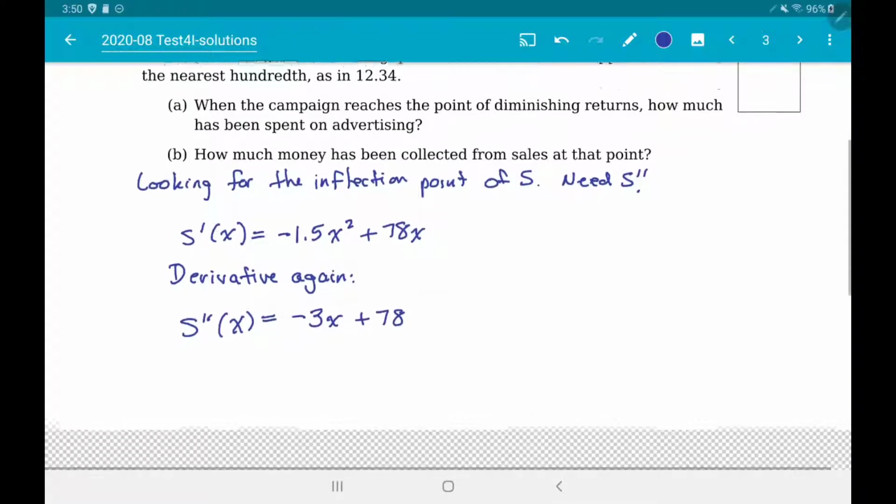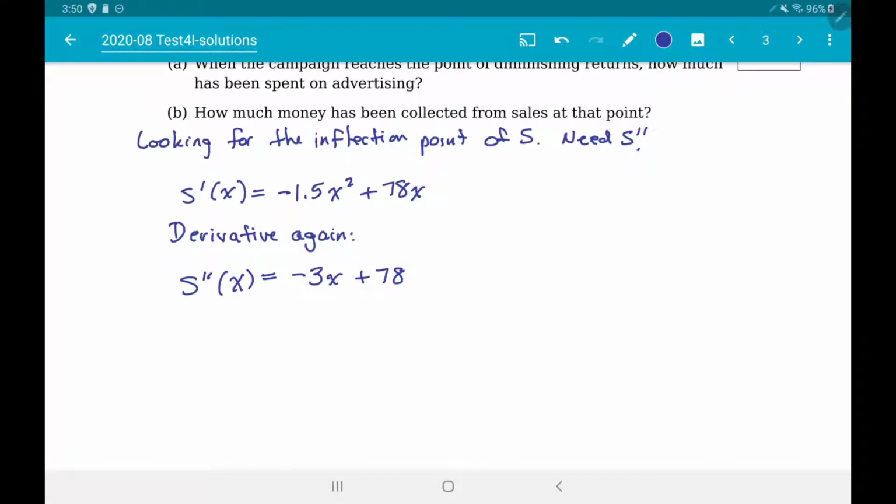To solve for the inflection point, we're going to need hypercritical numbers. Do you remember how hypercritical numbers work?